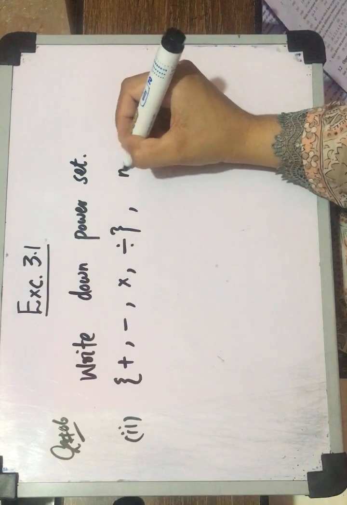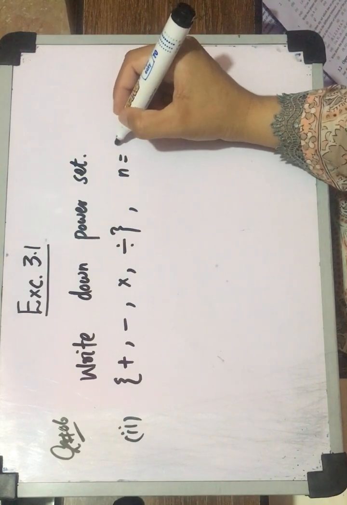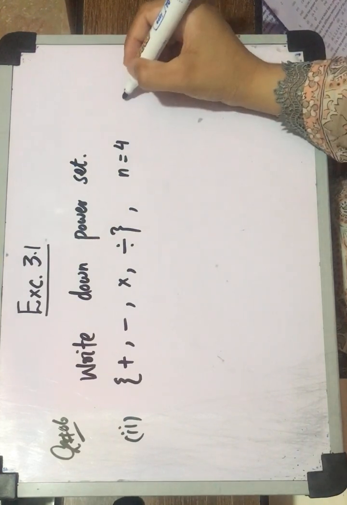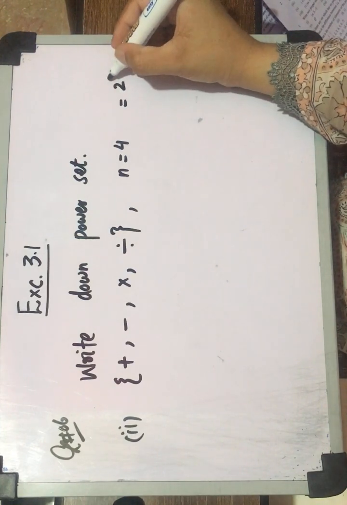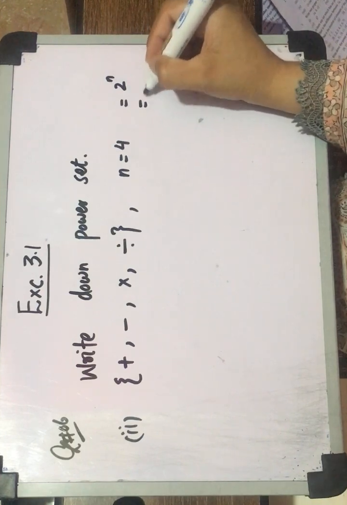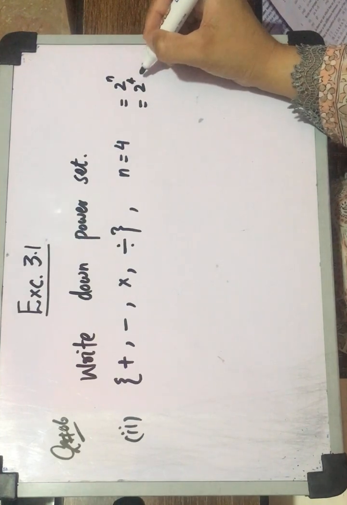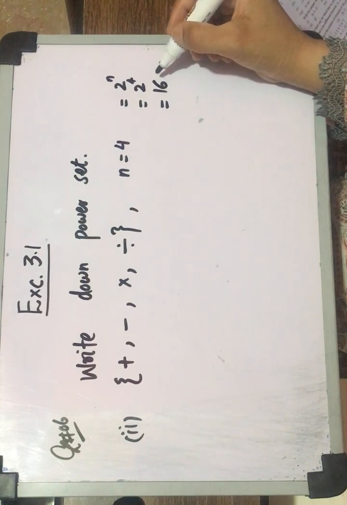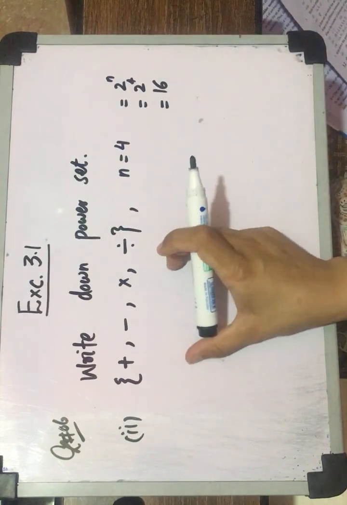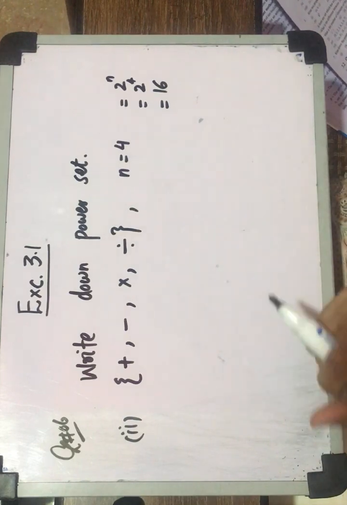Here n is equal to 4. Then how many power sets? 2 raised to power n, 2 raised to power 4, is equal to 16. It means you have to make 16 subsets of this set.